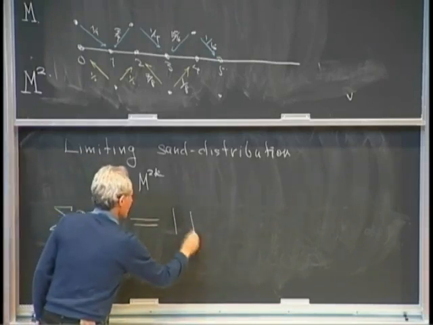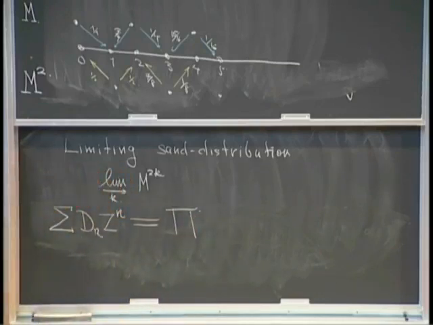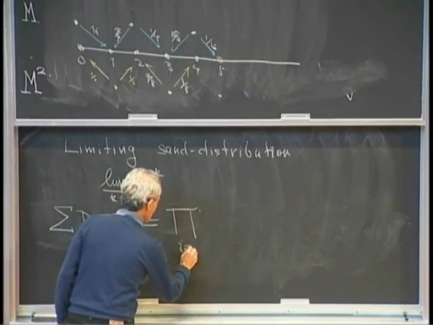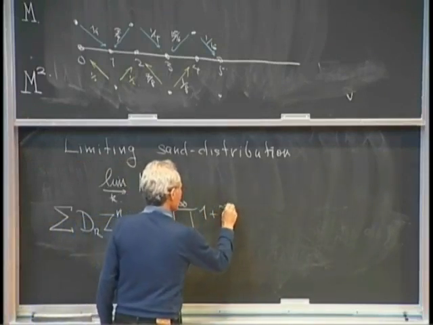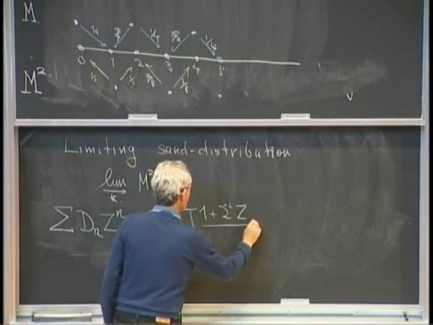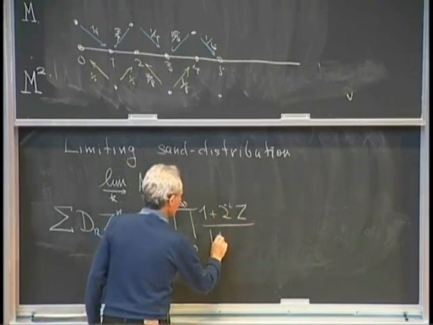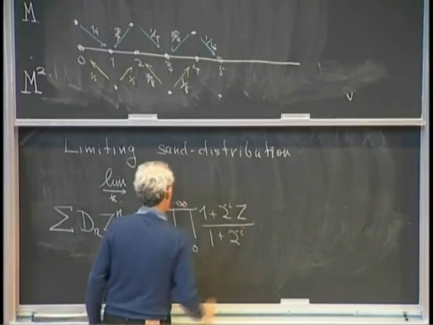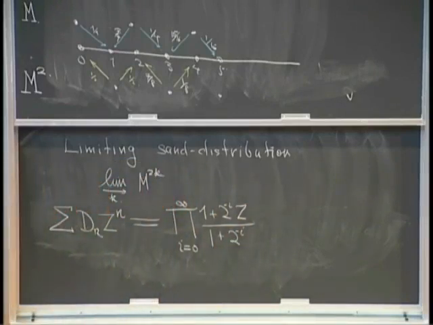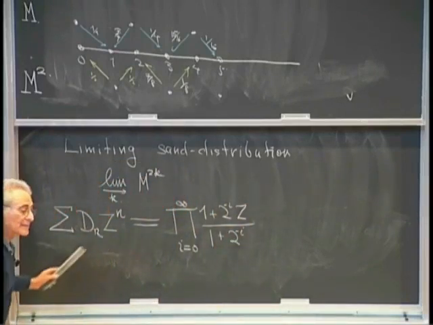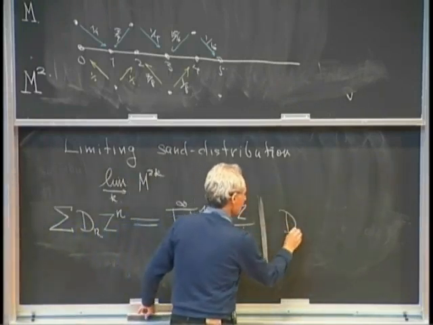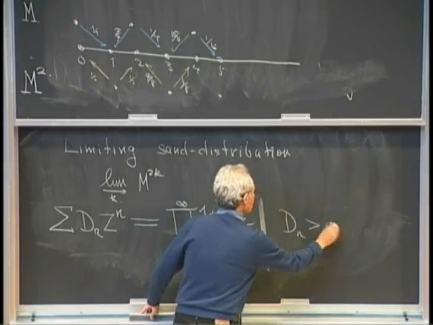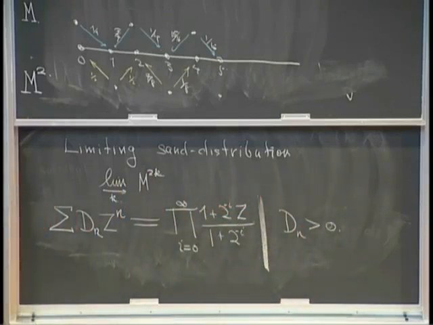And it's given by this rather beautiful infinite product, the product over i equals 0 to infinity of (1 plus 2 to the minus i z) over (1 plus 2 to the minus i). Okay, you expand this out, and it turns out that if you do expand this out, the d_n's will always be positive numbers. They'll never be 0 or negative or anything.